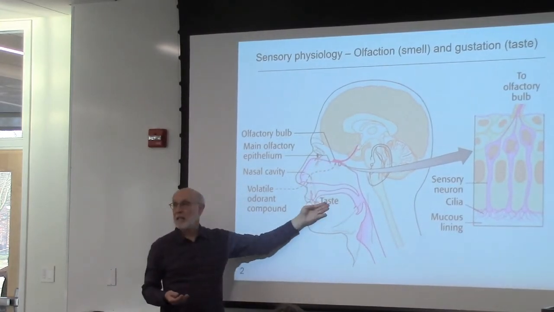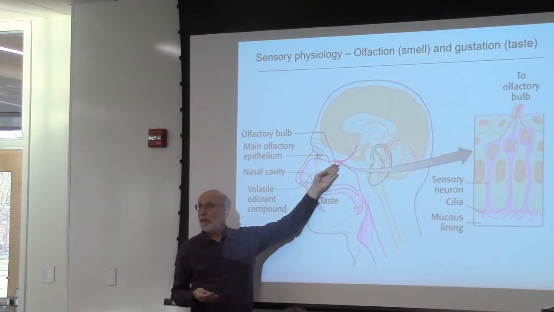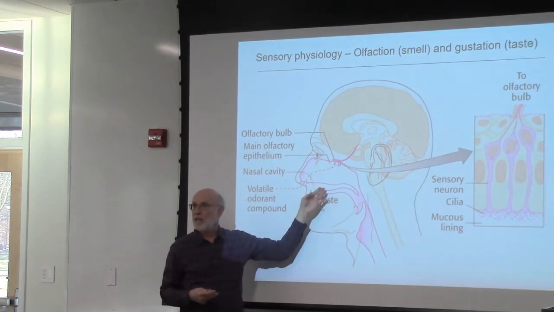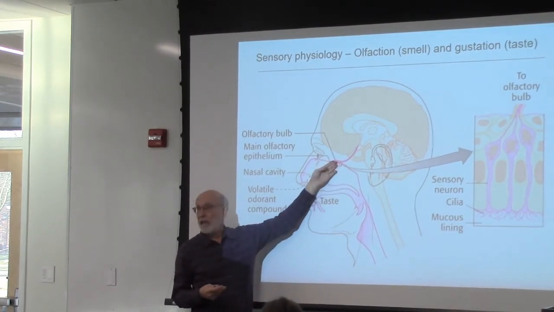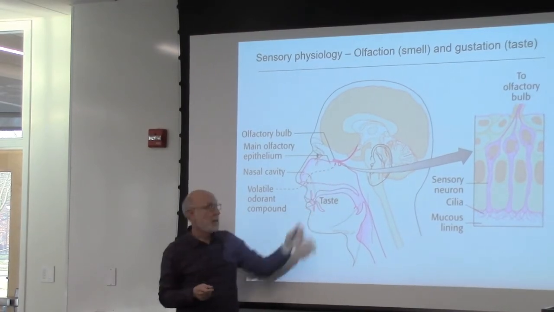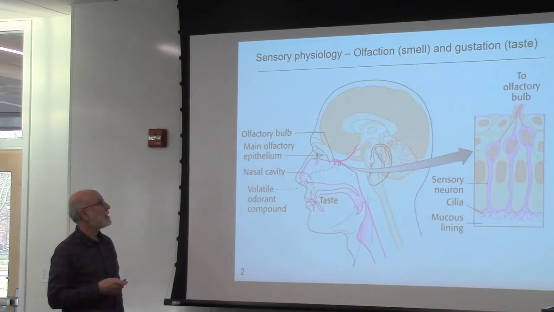We have taste modalities in our mouth, but a lot of flavor is our ability to smell things in our nose when we chew and release flavor odorants into the nasal cavity through the nasal pharynx. So we're focusing on olfaction, but it actually is related to taste.